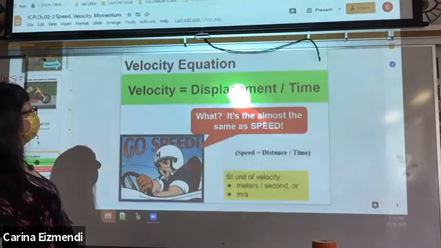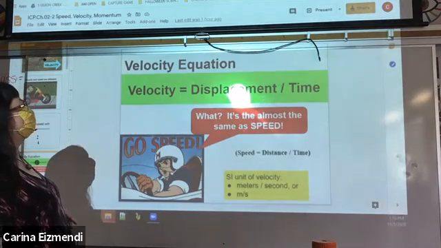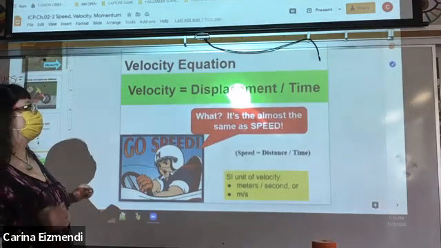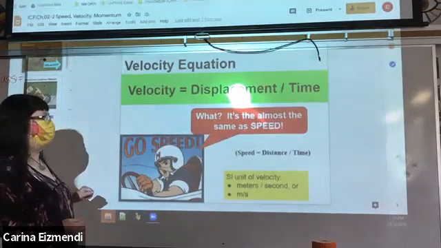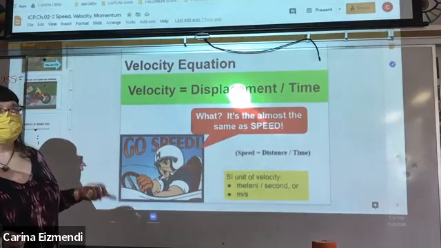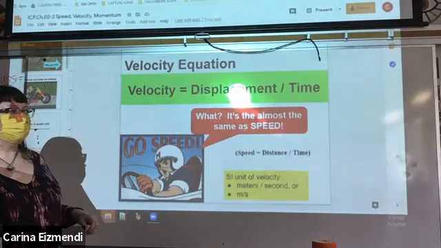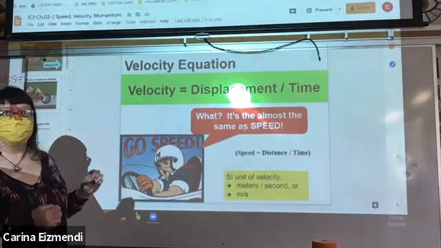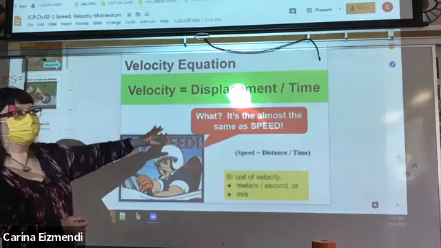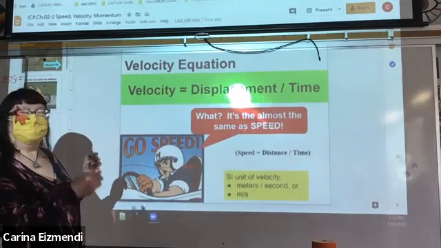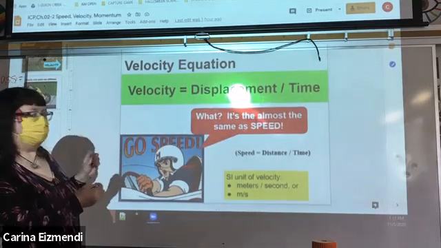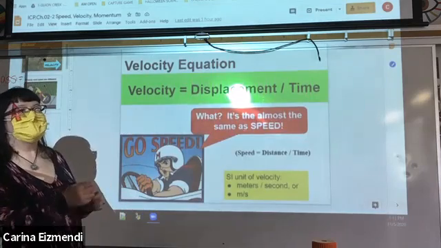okay, here we go. Let's do this, just to introduce this more. So velocity, remember, is almost like speed. It's speed with direction, okay? But when you're calculating it off a graph, you're getting the displacement off the graph, so you just have to define it more clearly. Because before, I was just saying if you're doing this in a story problem where you don't have a graph or anything, then they're not going to tell you to calculate the displacement.